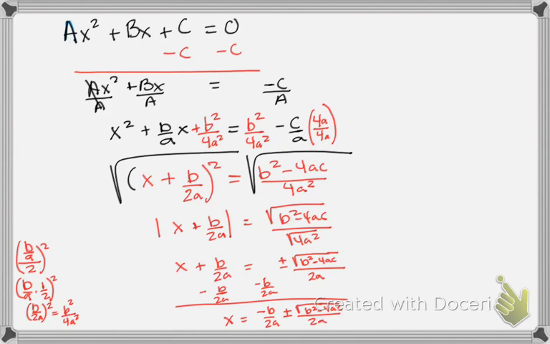And can't we just write that as x equals negative b plus or minus the square root of b squared minus 4ac all over 2a. There we go. And you, my friends, have derived the quadratic formula by completing the square.